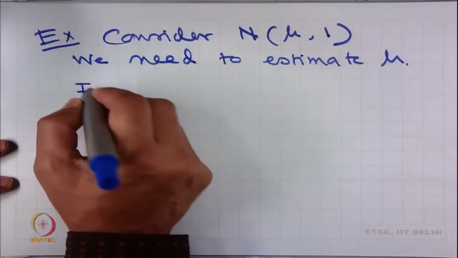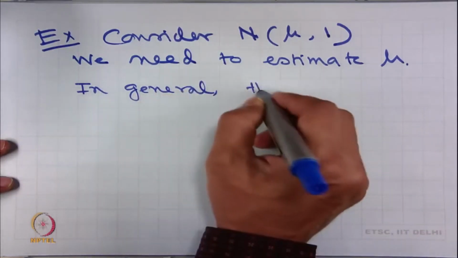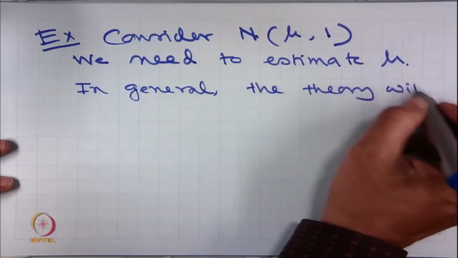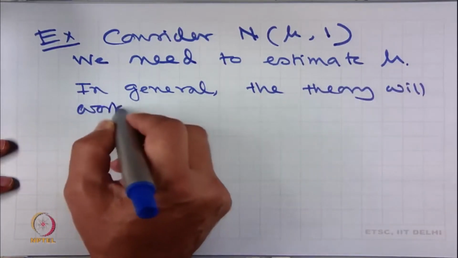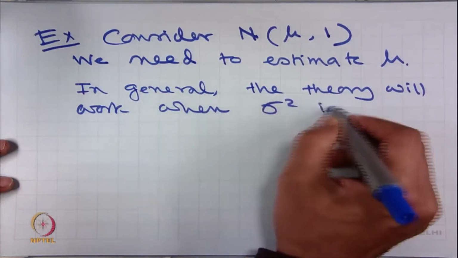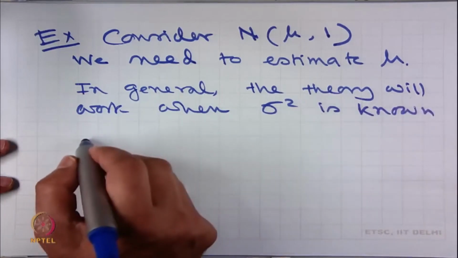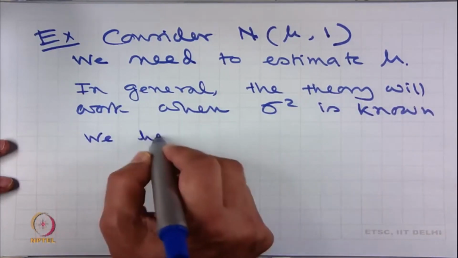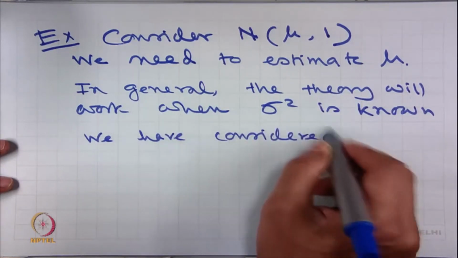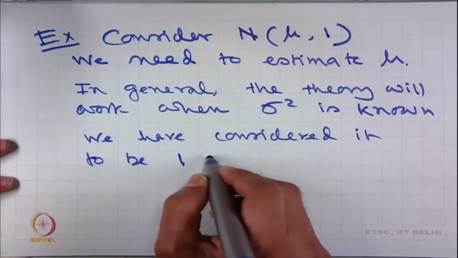In general, the theory will work when sigma square is known. We have considered it 1 to keep it simple.